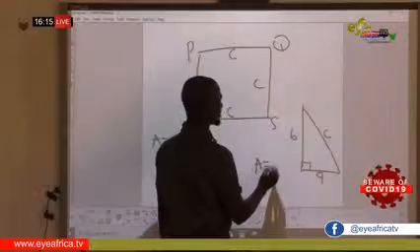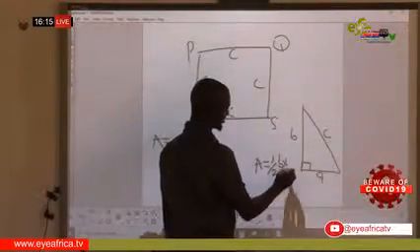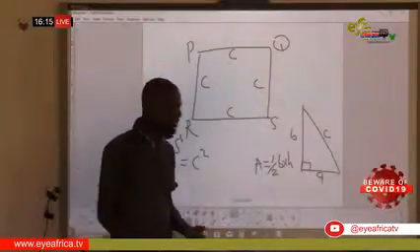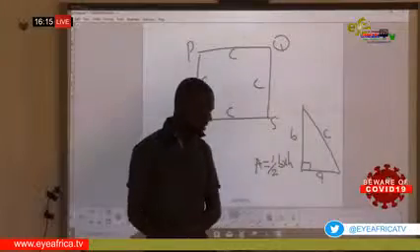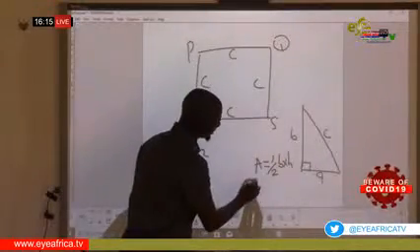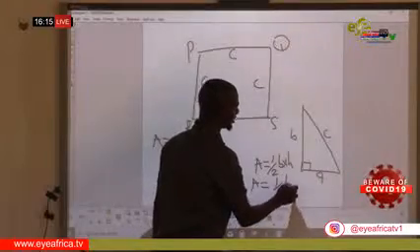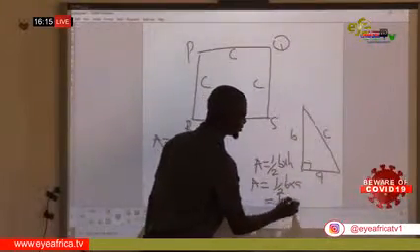Area of triangle is half base times height. If you look at this triangle, the base of the triangle is A, and the height of the triangle is B. So area of a triangle is equals to half B times A. That will give you half AB.